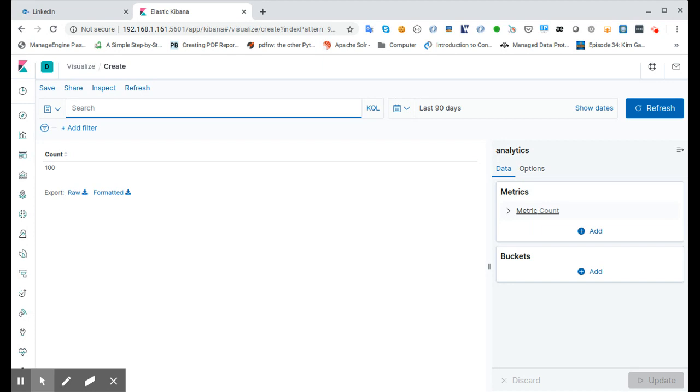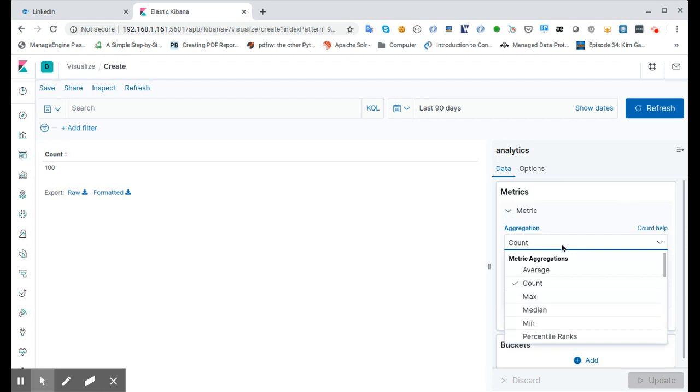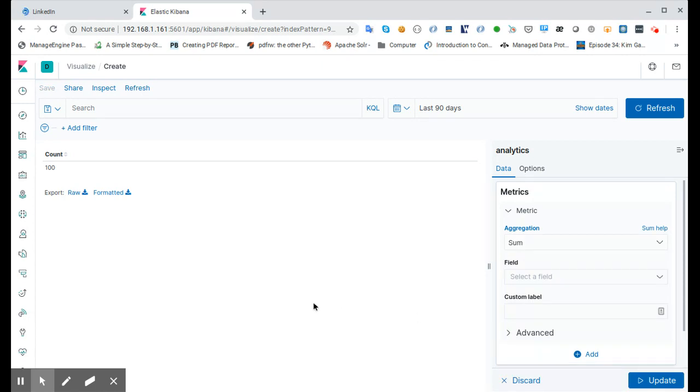So what we need to do instead is come here and replace the count of records by the summation of the field we saw before, which is successful SQL. And here we can just update. And now we have some.